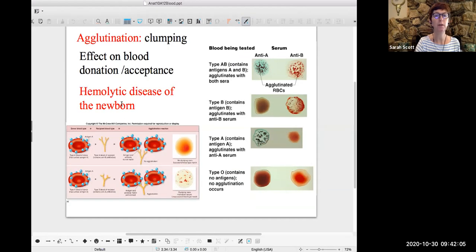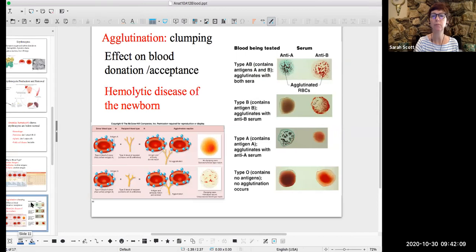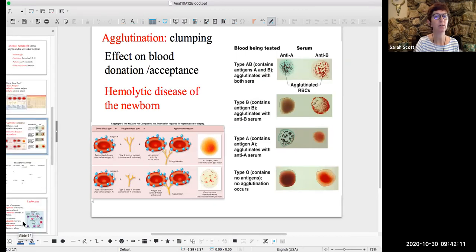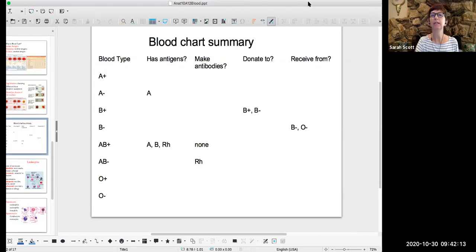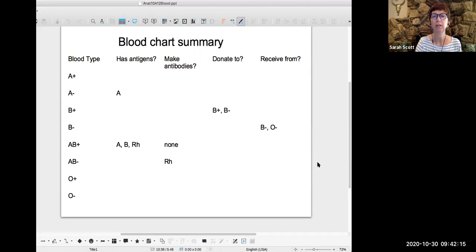So before I go on to hemolytic disease in the newborn, let's just look at, hold on, I have one more thing. This one right here. Okay, so this is something I would encourage you to try and fill out on your own. So first of all, for these 8 blood types, you have to figure out what kind of antigens are on that blood.